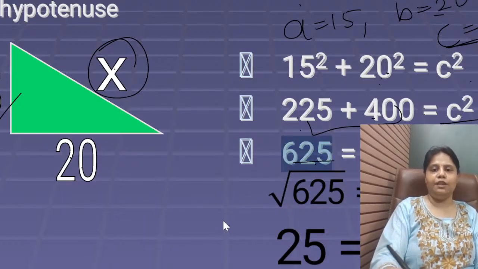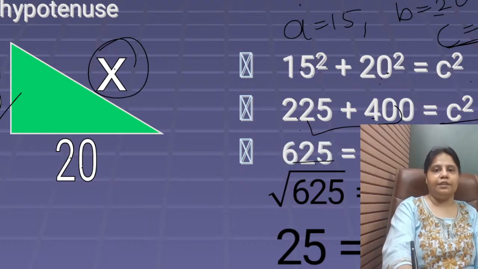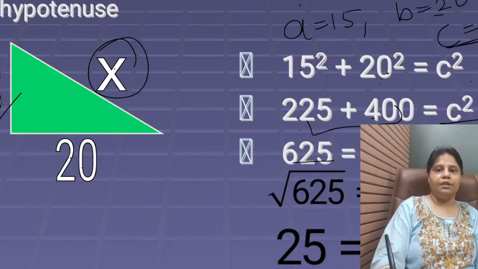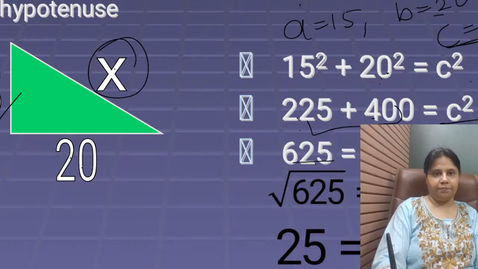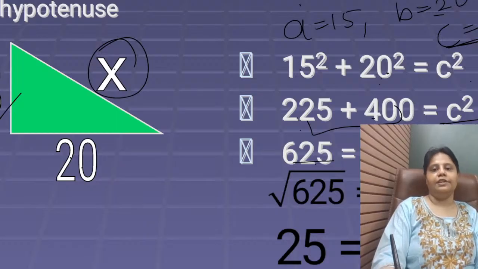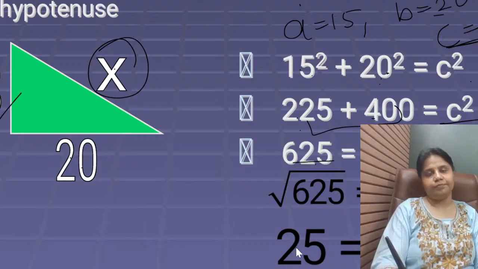Now, why are we using the square root? There are 2 ways explained. Either you take the square root of both sides, or you remove the square from this side and adjust it on the other side as a square root.